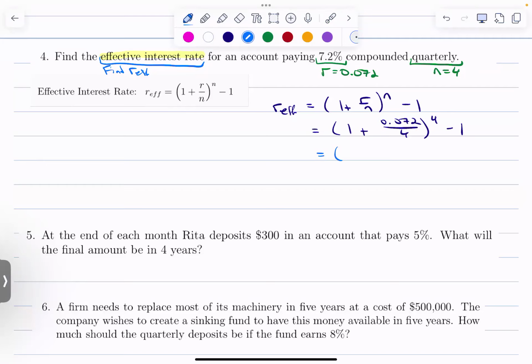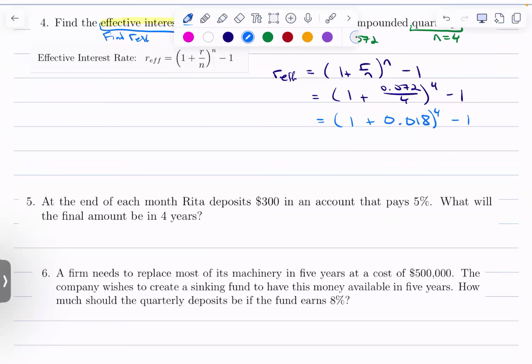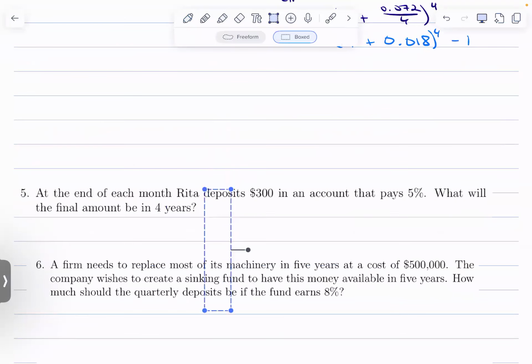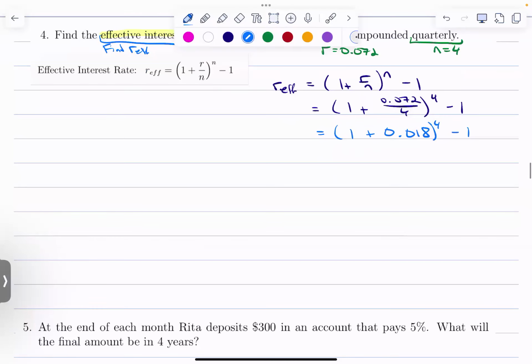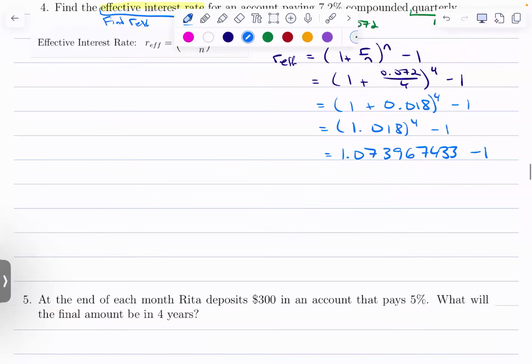So 0.072 divided by 4, I get 1 plus 0.018 to the power of 4 minus 1. 1.018 to the power of 4 minus 1 puts me at 1.073967433 minus 1.